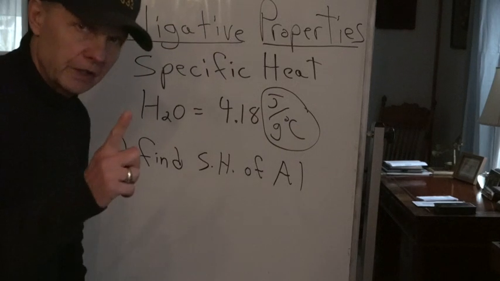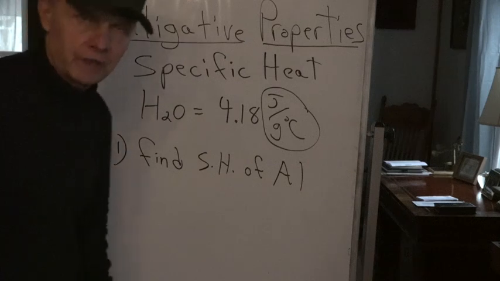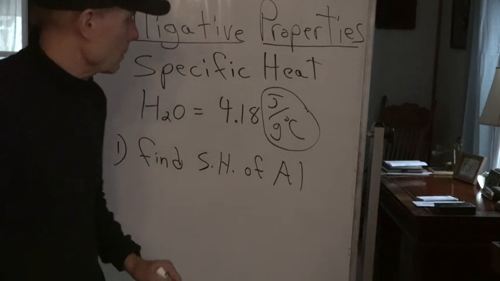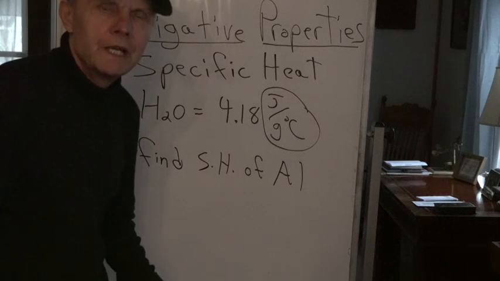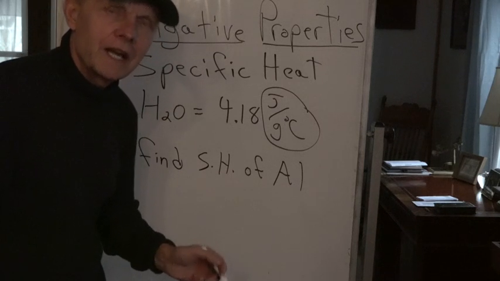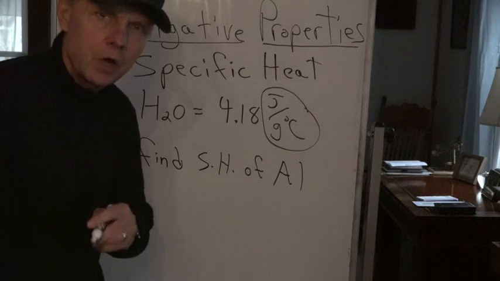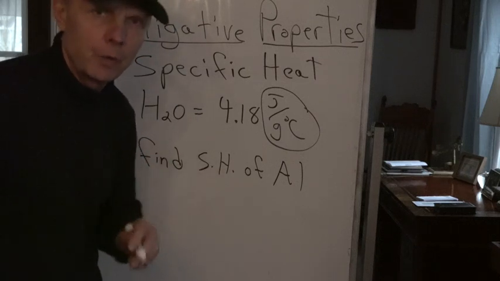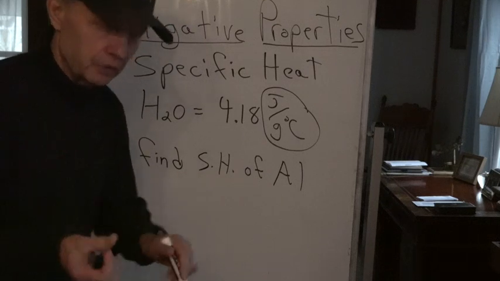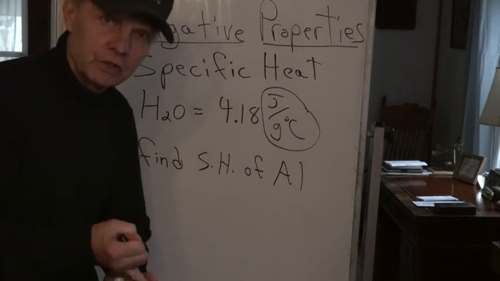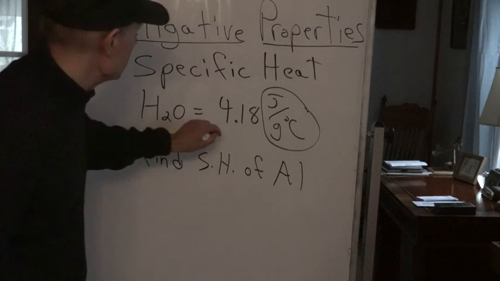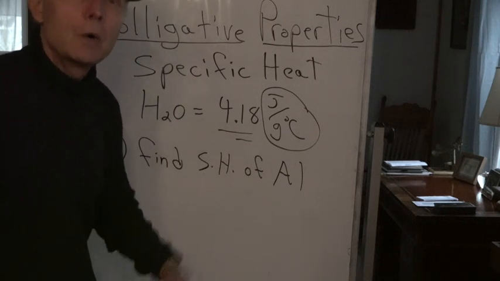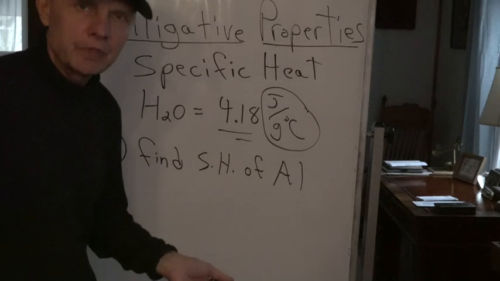Write down the specific heat of aluminum. Then tell me whether aluminum heats up faster and cools down faster than water, or heats up slower and cools down slower than water. So you have to find the specific heat of aluminum, compare it to the specific heat of water, and tell me how it compares to water's heating up and cooling down.